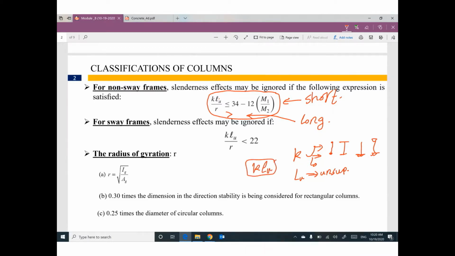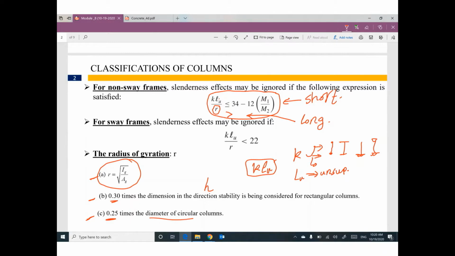Go back to the previous week; you can find all of this stuff. R is the radius of gyration. We can figure out the radius of gyration accurately using the square root of moment of inertia divided by area gross, or 0.3 times the side, one side, which is H of the rectangular column, or 0.25 times the diameter of the column if the column is circular.